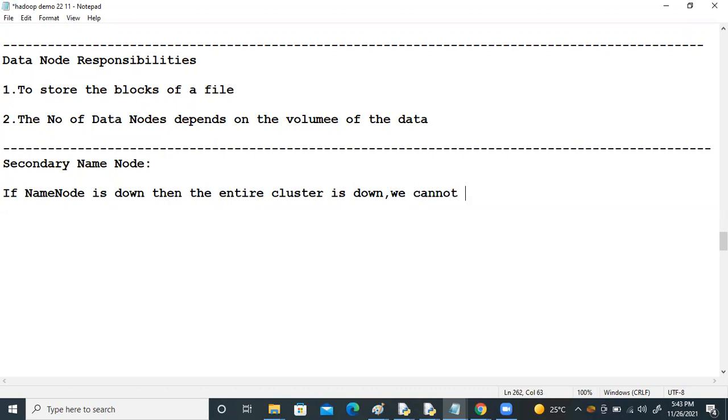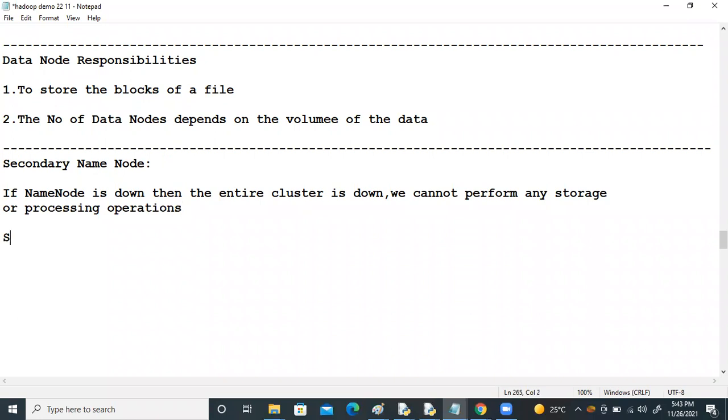We cannot perform any storage or processing operations.